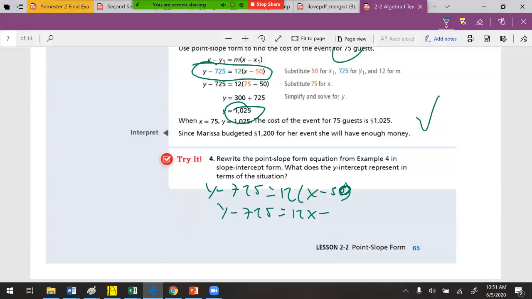So it's going to be 12x minus 600. And then when I move the 725 over, it's y equals 12x plus 125, when I add 725 with negative 600.